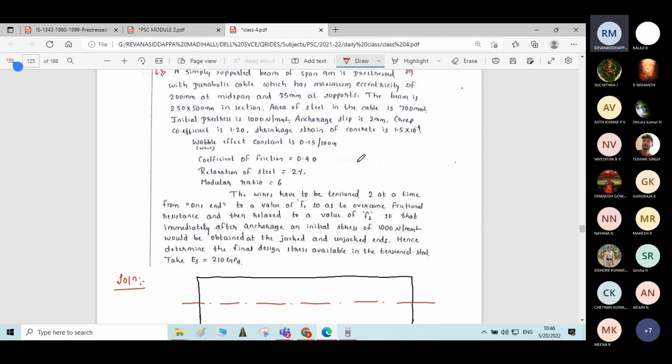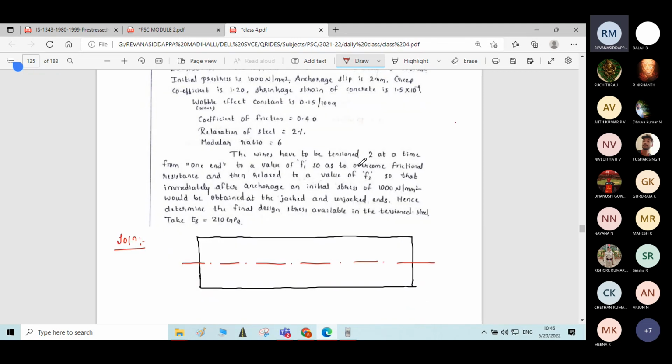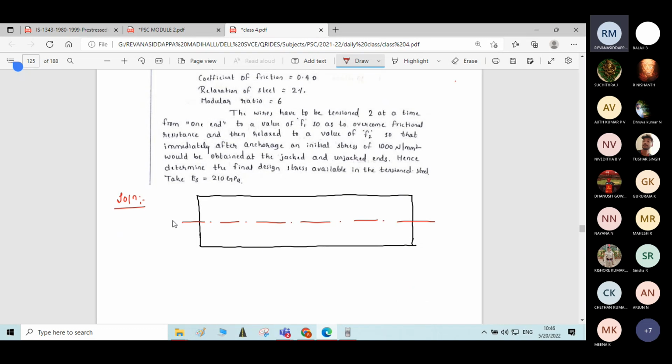What is the question? A simply supported beam of span 9 meter is prestressed with a parabolic cable which has maximum eccentricity of 200 mm at midspan and 35 mm at the support. Okay, at support eccentricity is 35 mm and at midspan it is 200 mm.